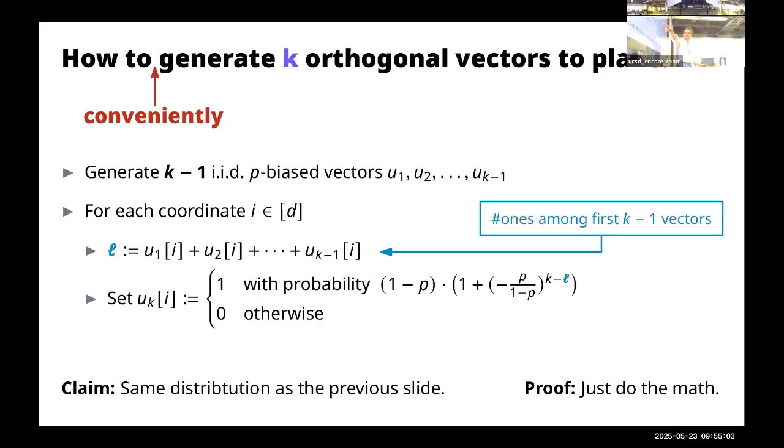Yes, because if L was less than k minus 1, you didn't have all the ones, and they are already orthogonal, I mean this coordinate is already happy. Or if L equals k minus 1, then is it easy to see? I think it's 1 minus 2p, right? Yeah. Okay, when L is k minus 1. Shouldn't be.